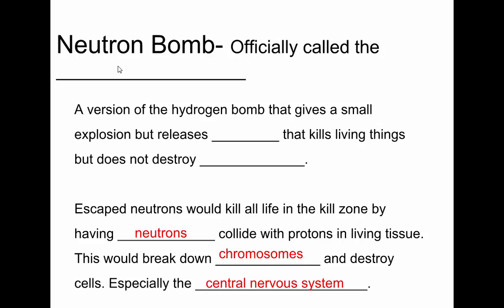There are also other types of nuclear weapons that have not been used, one of which is a neutron bomb. A neutron bomb is technically called an enhanced radiation warhead. This is a weapon that was engineered to be a hydrogen bomb that gives a small explosion but releases huge amounts of radiation.